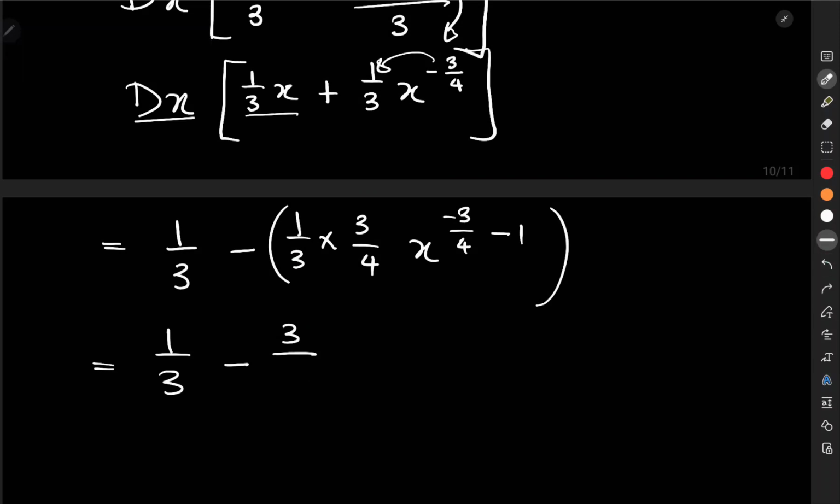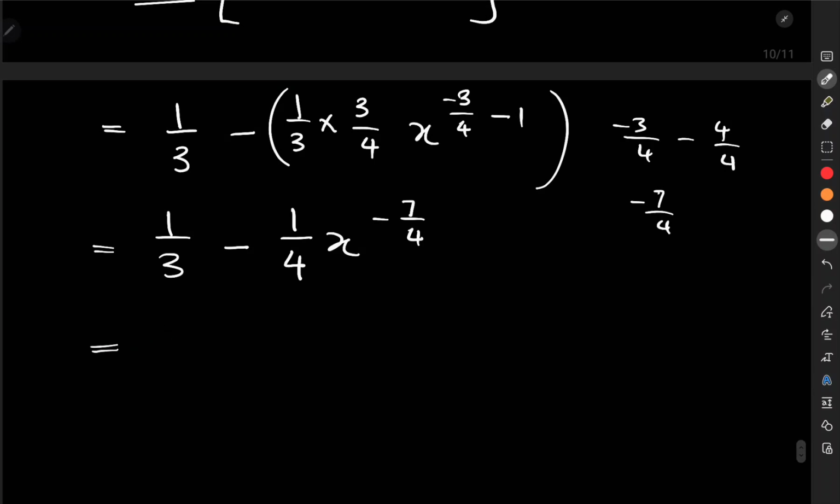Or we can just cancel those out, and what we have remaining is 1 over 4 x. And if we add these two exponents here, we're going to have minus 3 over 4 minus 4 over 4, which gives us minus 7 over 4. So we're going to have x to the power of minus 7 over 4.